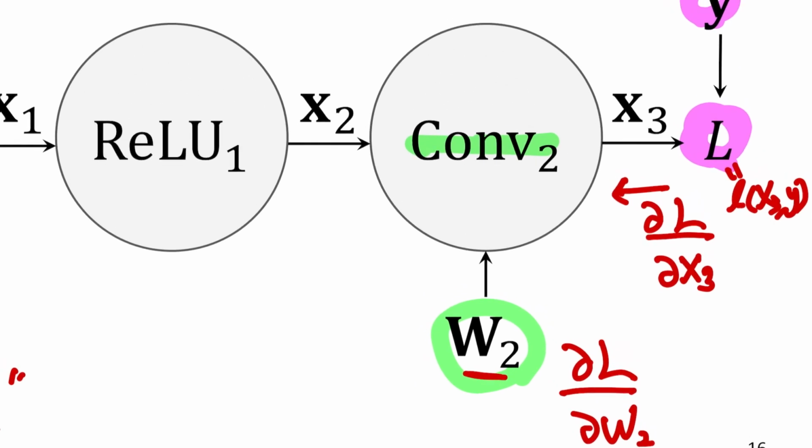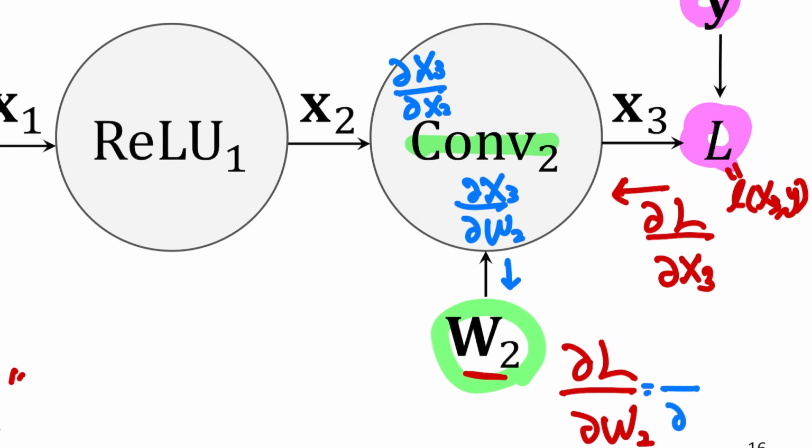Then what do you want to do next? Because in the convolution layer, we can easily compute the gradient of x3 with respect to x2 and the gradient of w2 with respect to x3, right?